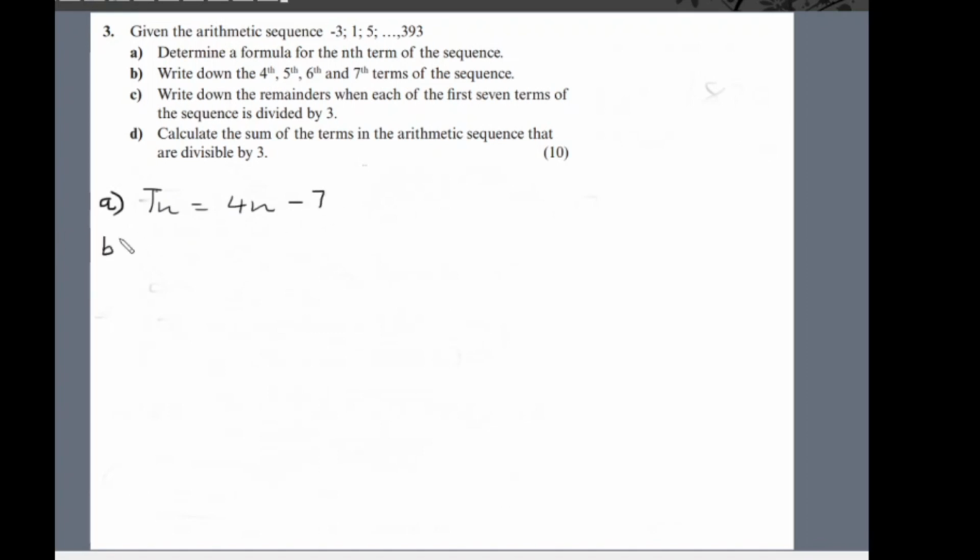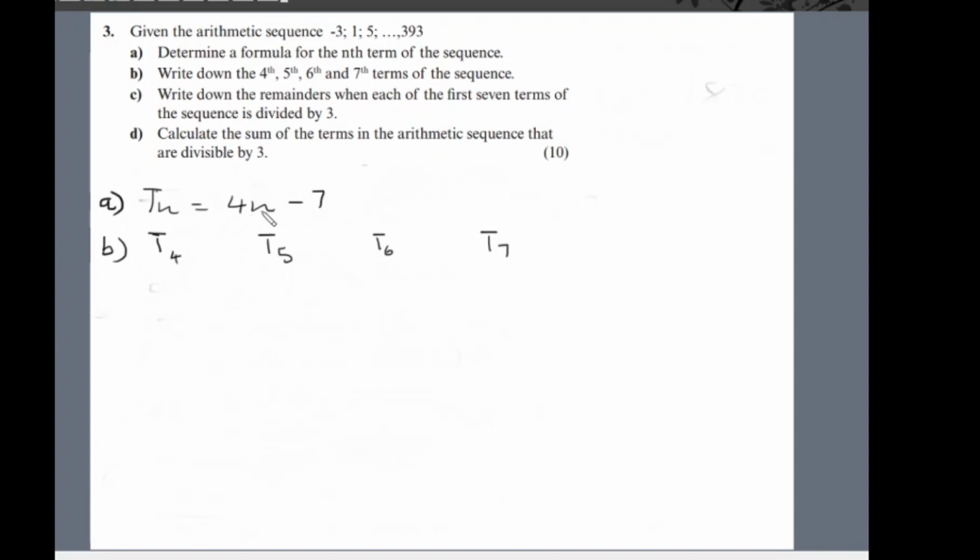And then question B asks us to write down the 4th, 5th, 6th and 7th terms of the sequence. So they want T4, T5, T6 and T7.